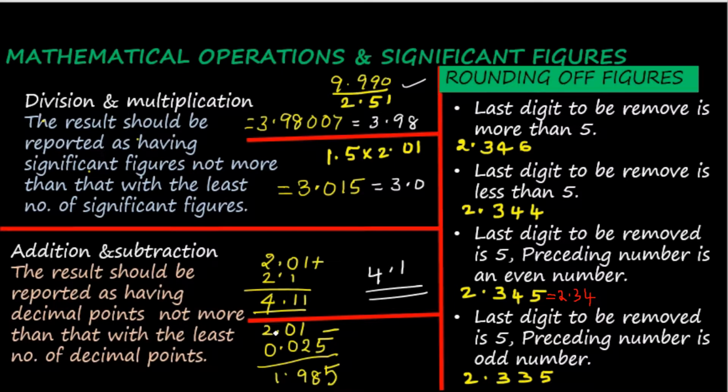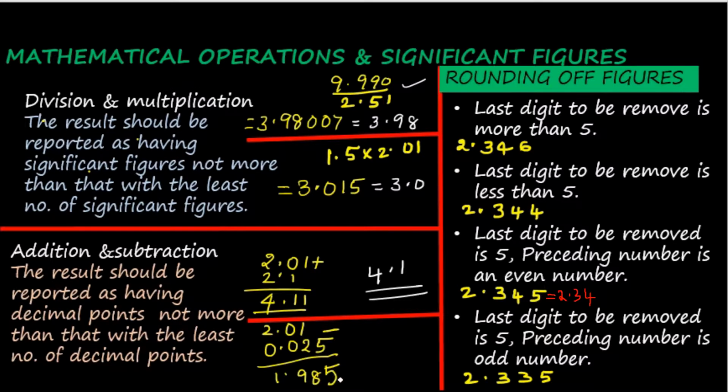Similarly, subtraction, 2.01 minus 0.025. You should not add one zero here. Then the number of significant figures will change. It should be subtracted as such. Result comes to 1.985. But while reporting, we have to take into account only 2 decimal points.